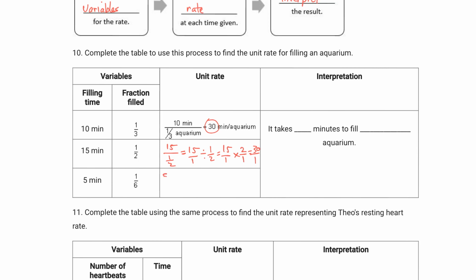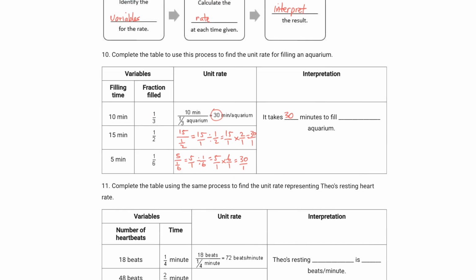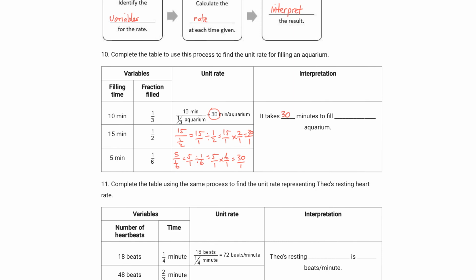And then we have 5 divided by 1/6, which is 5 over 1 times 6 over 1, which is 30 over 1, which is still 30. So it takes 30 minutes to fill the entire aquarium.